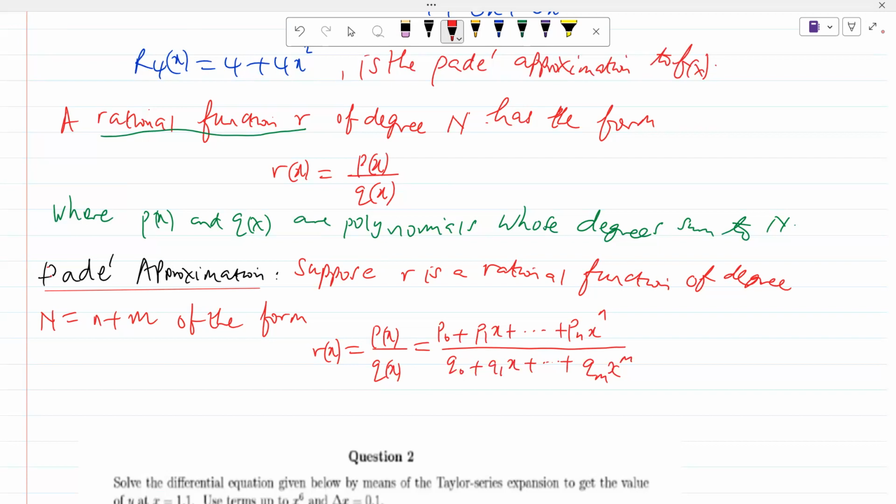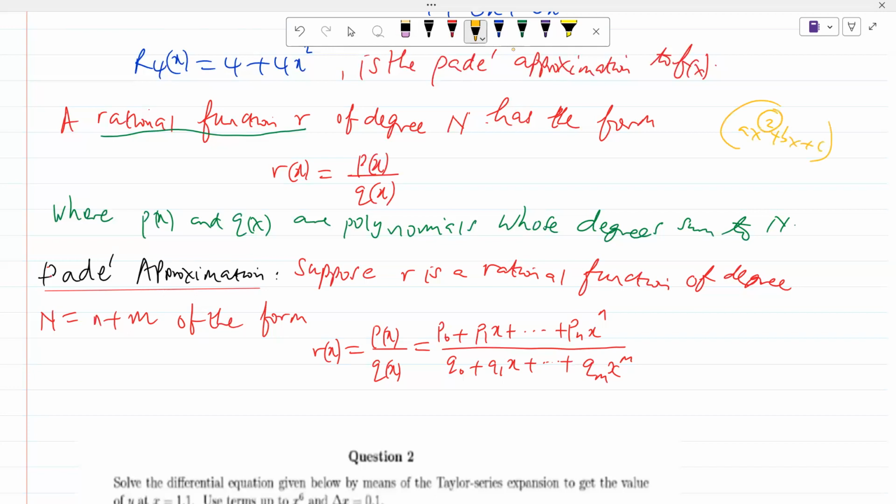In the Pade approximation, we suppose that R is a rational function of degree n, but when we speak about the degree of the rational function, we are speaking about the actual sum of the degrees. This is interesting because if you speak about the degree of a quadratic polynomial, like your usual ax squared plus bx plus c, the degree is 2.